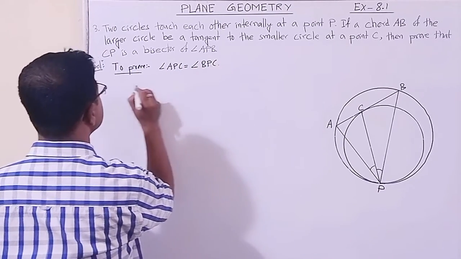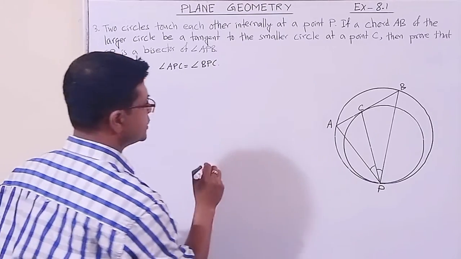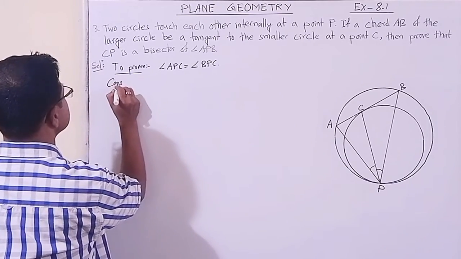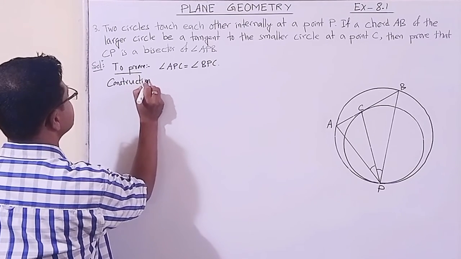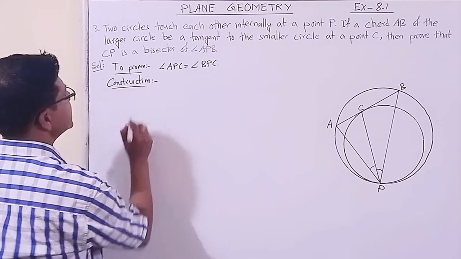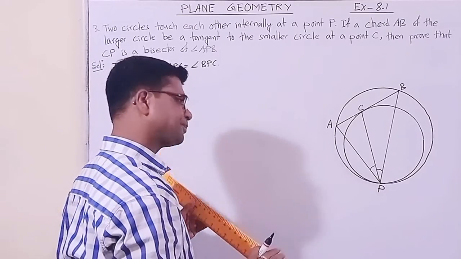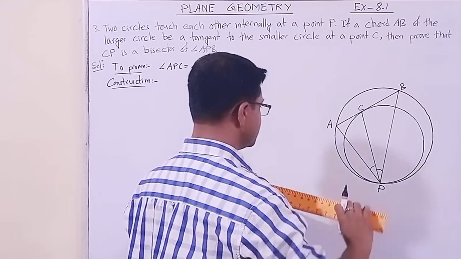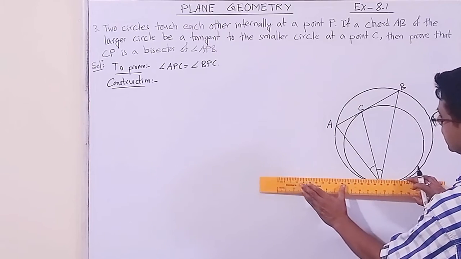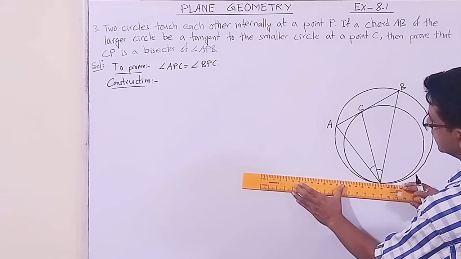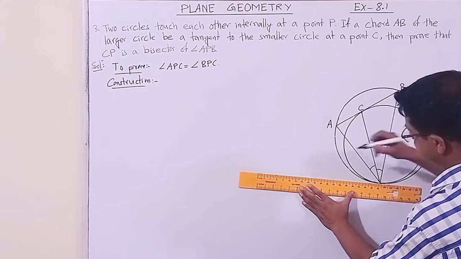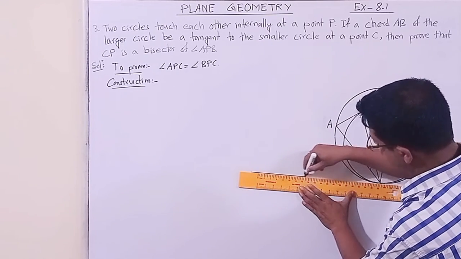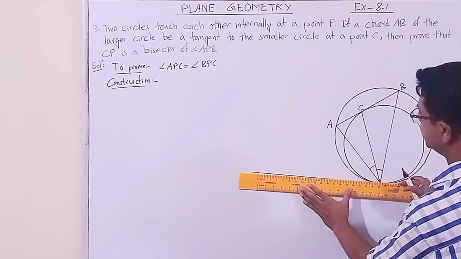Again, you know that we need some construction. So let us write construction part. In the construction part, two things we need. First of all, we will construct a tangent here. This construction will be a little bit big. A tangent is required.